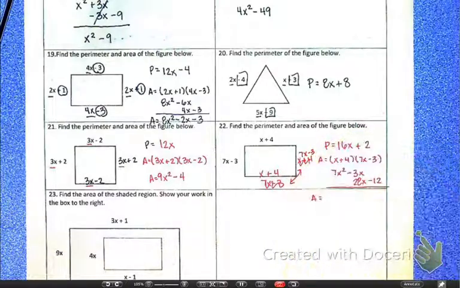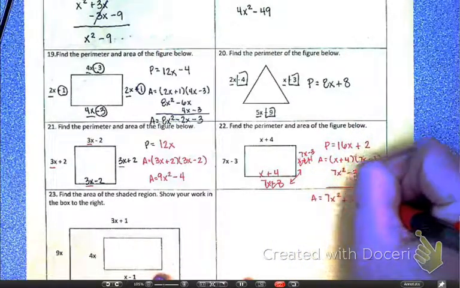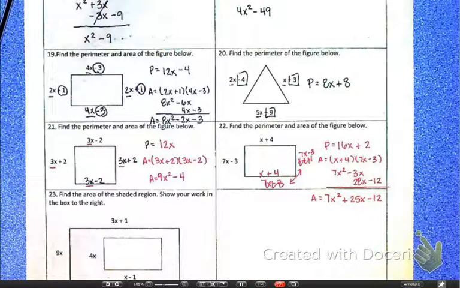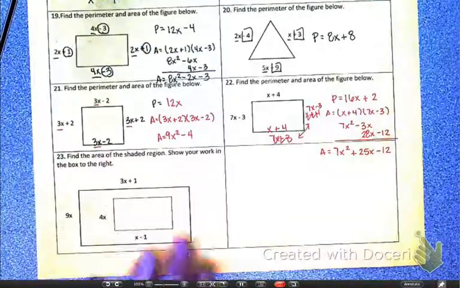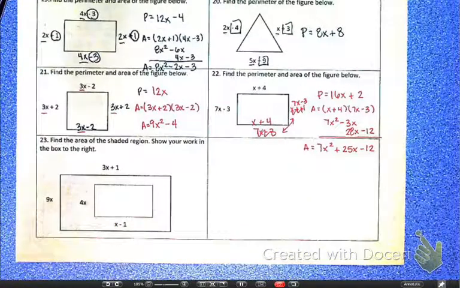So my area is 7x squared plus 25x minus 12. Okay, area and perimeter, don't make them more difficult than they need to be. You're just combining like terms and then you're multiplying.